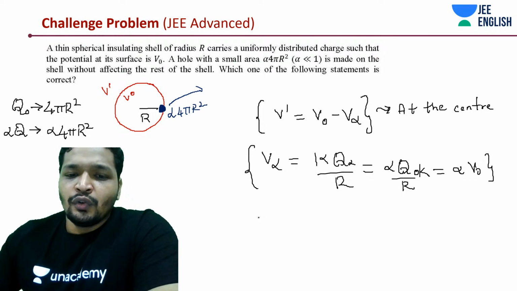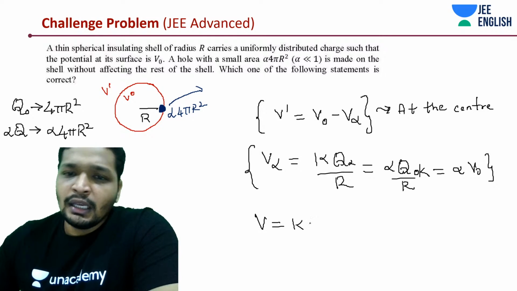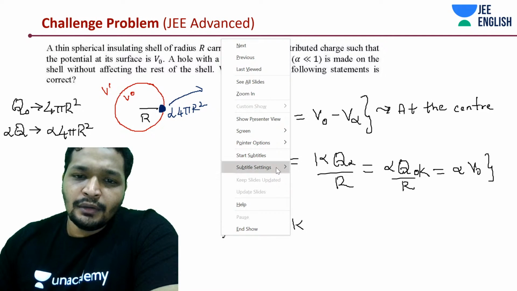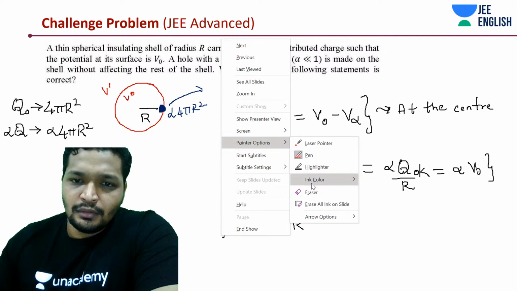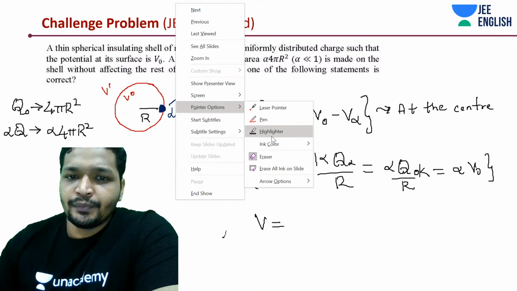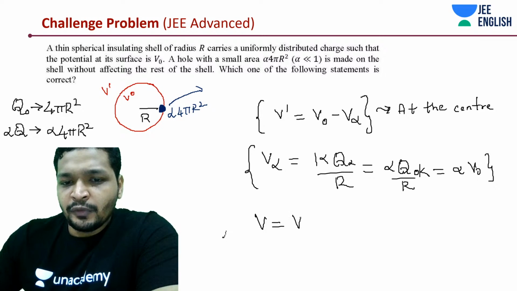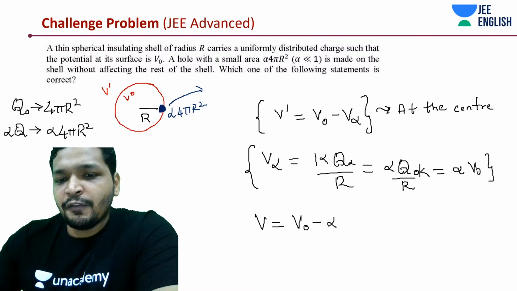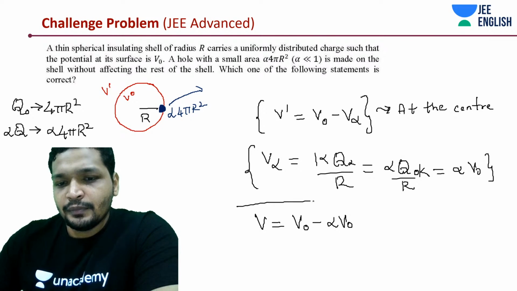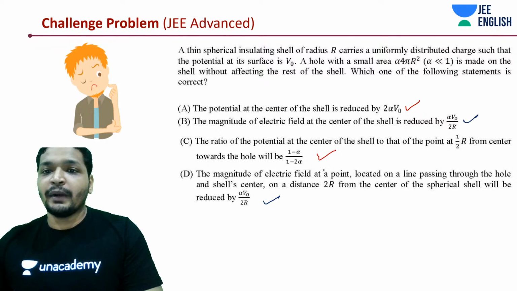So V at the center is V naught, which is nothing but KQ by R. So this is going to be V naught minus alpha V naught. The potential is reduced by alpha V naught.